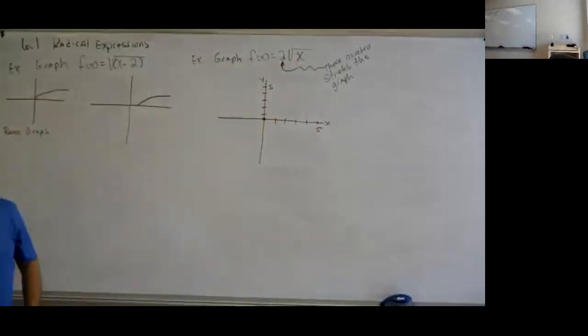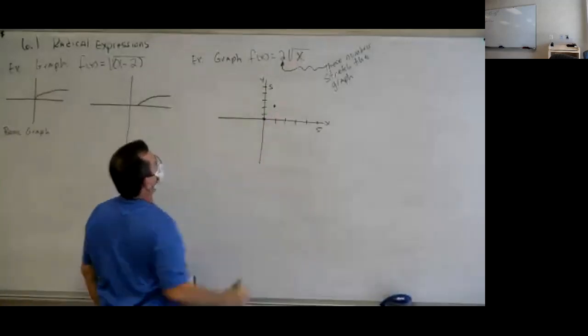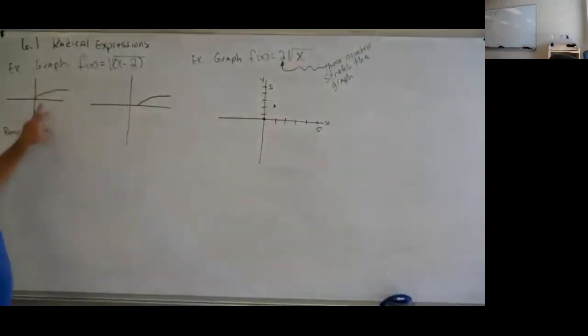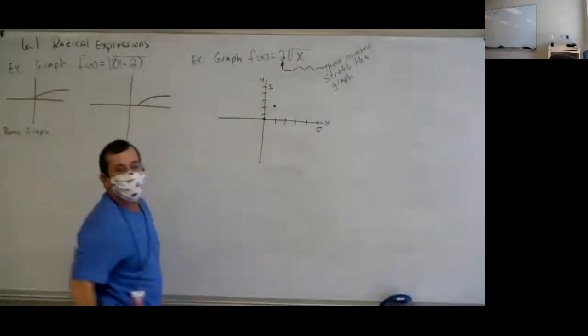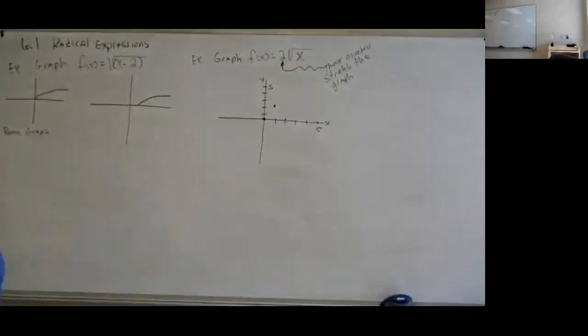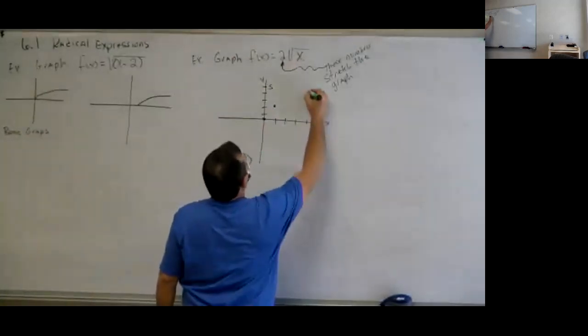Let's put a 1 in there. Square root of 1 is 1. So 1 times 2. So at 1, I would be at 2. So it's already, because this was 0, 0, 1, 1, it's already stretching me a little bit. Over here at 4, square root of 4 is 2. But that 2 times 2 would give me a 4.